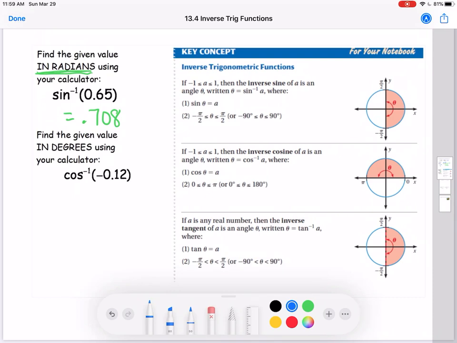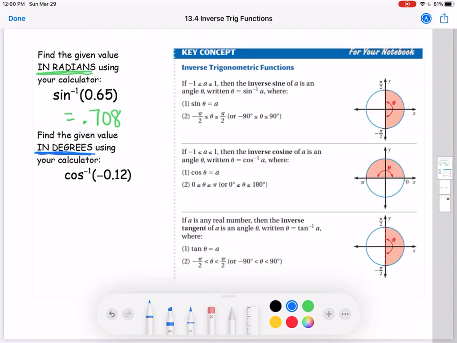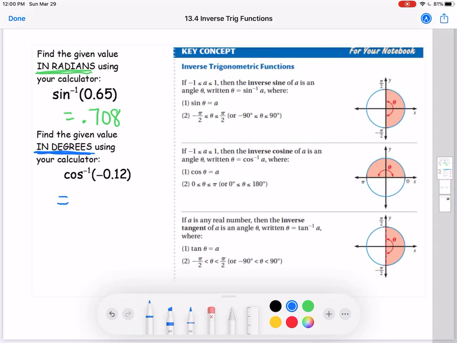Okay, the next one here says in degrees. So go into mode and now change your calculator into degree mode and type in inverse cosine of negative 0.12. If your calculator is doing what it needs to do, you should get 96.892. And that is degrees, so we write the degree symbol.